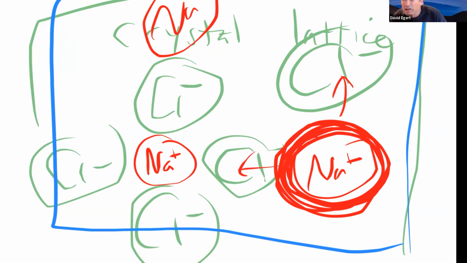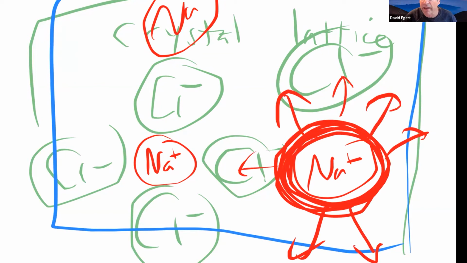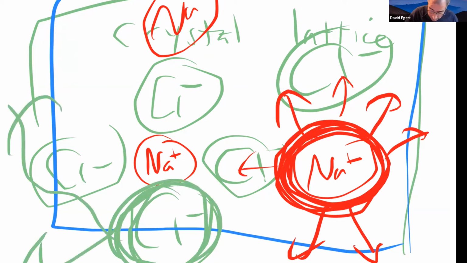So this whole thing just disassembles. You end up having individual sodium ions just floating and making hydrogen bonds with the water, and individual chlorine ions going off on their adventure, so you end up having what we call dissociation.